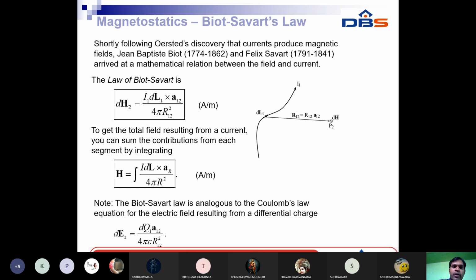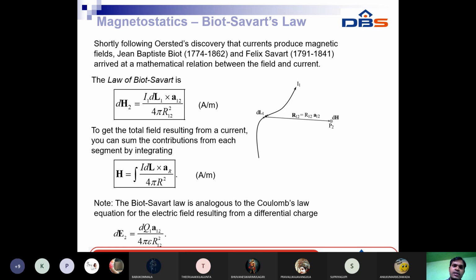With the help of the Biot-Savart law, I can recognize the magnetic field intensity. If I know the magnetic field intensity, I can find the magnetic flux density or vice versa. And we have different applications, like line charge, surface charge and volume charge.